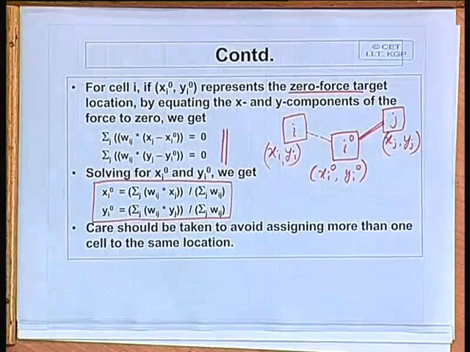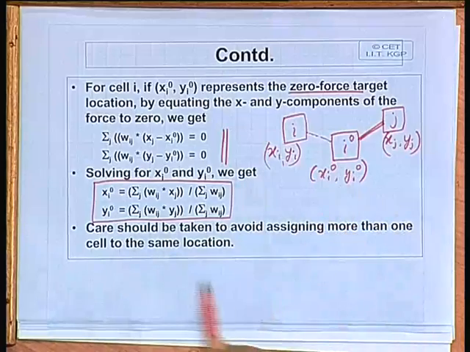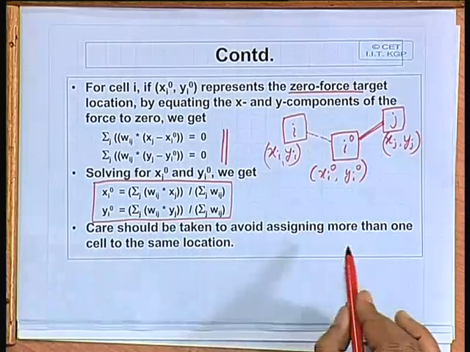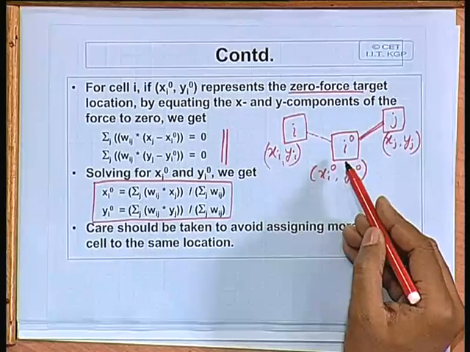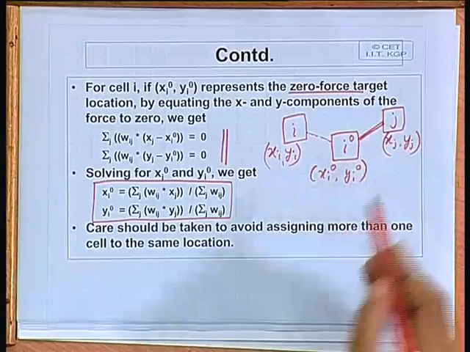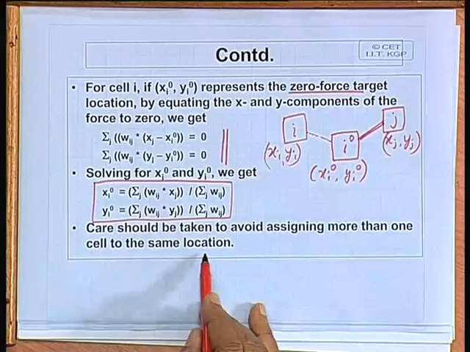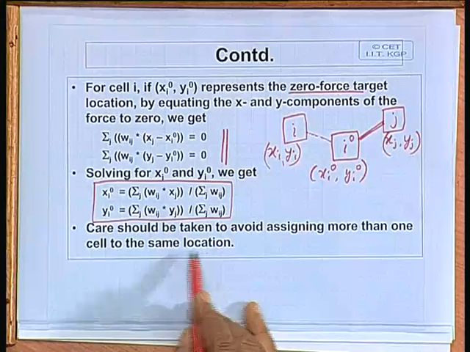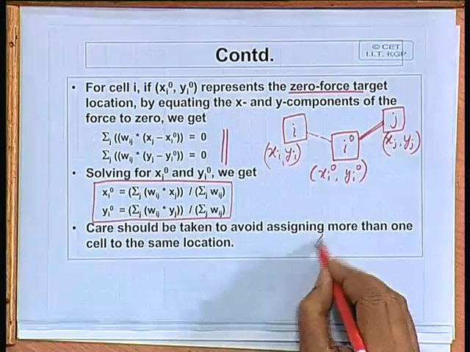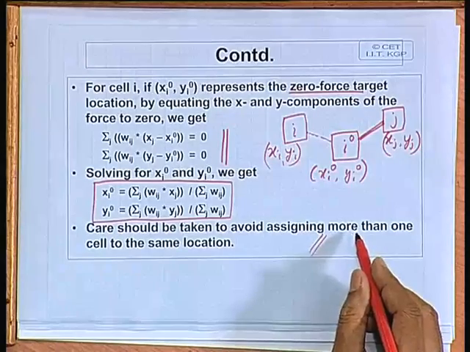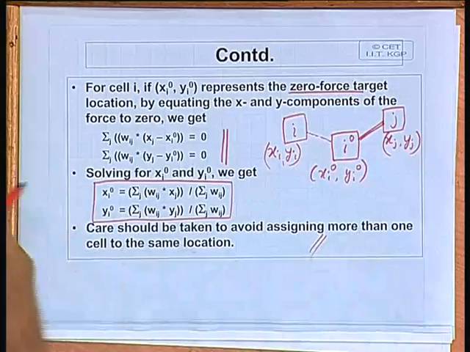Fine. And of course, one thing you have to keep in mind, you have to explicitly check that you are not leading to block overlap. Two or more cells should not be assigned to the same xi locations. This is something you have to check separately. Okay. Fine.